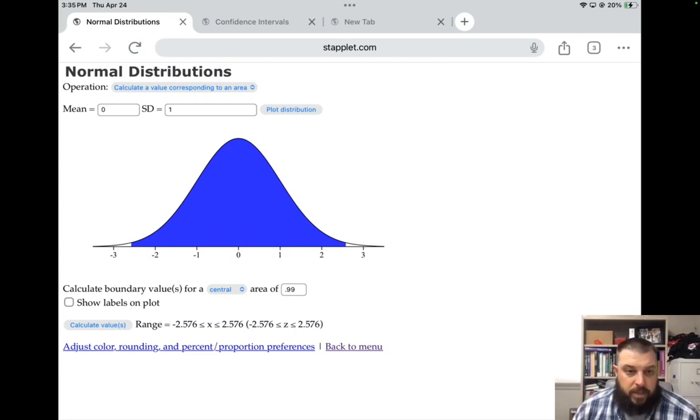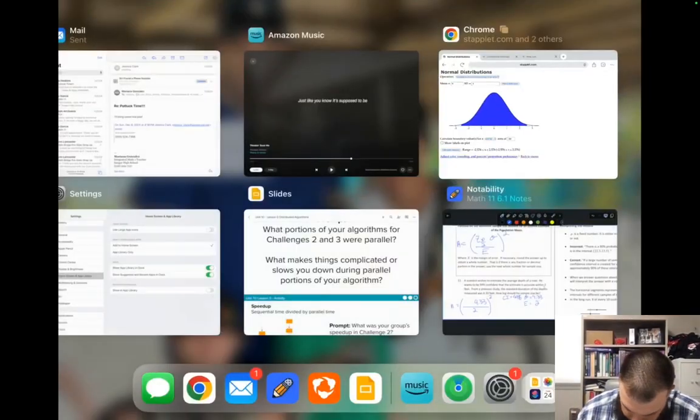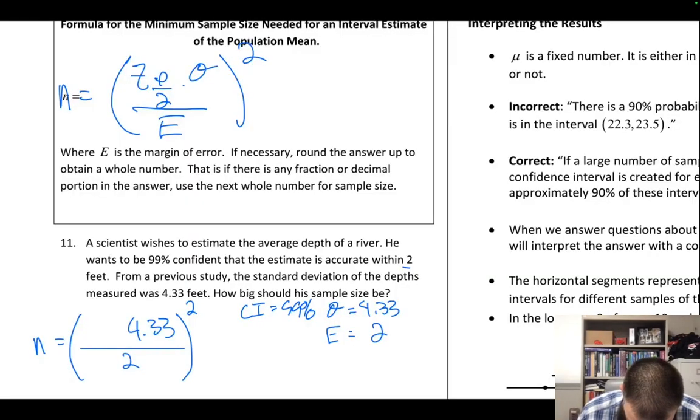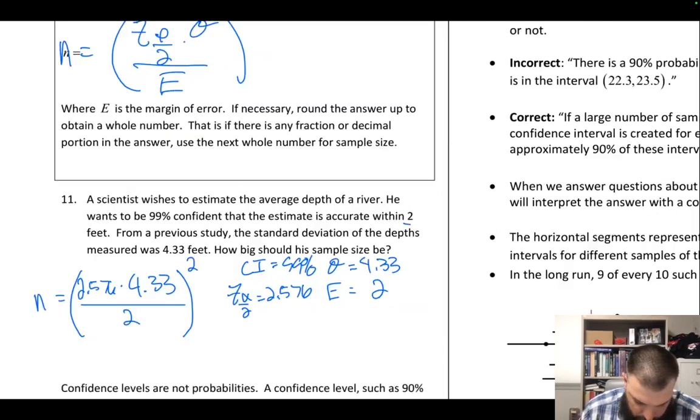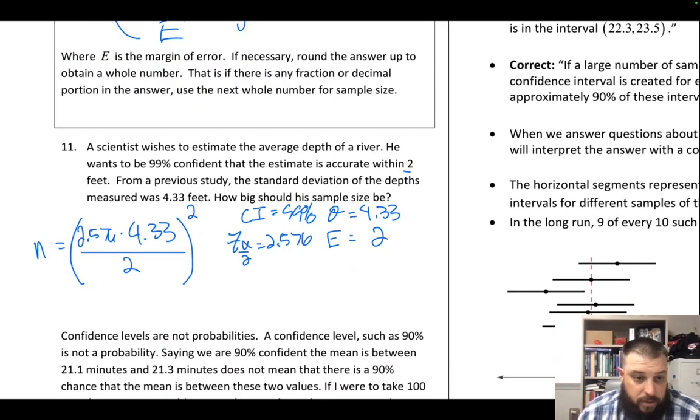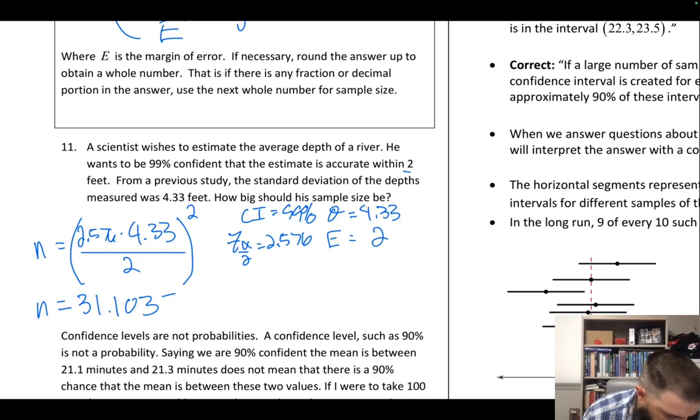Okay, so mean at 0, standard deviation of 1. We plot it, we get 2.576. Then we could just simplify that, and that equals 31.103. And so we'll put that at 31.1 feet.